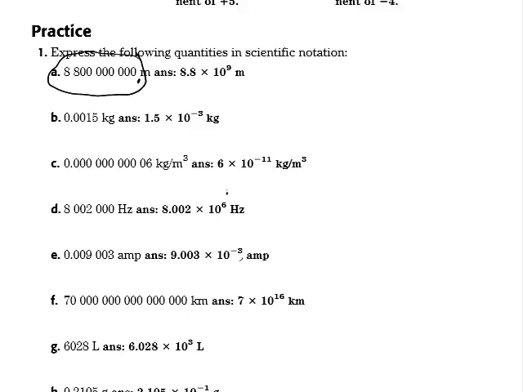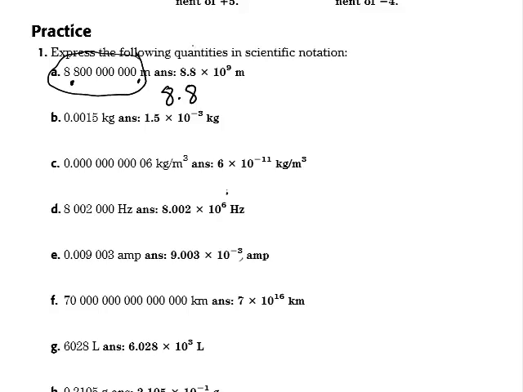So the rule with scientific notation is the decimal goes after the first number bigger than 0 but less than 10. In other words, I have one non-zero digit in front of my decimal. I can't have 88 point something. I have to have 8.8 something. So one non-zero in front of the decimal. And so I'm going to go, okay, I have to move my decimal here.